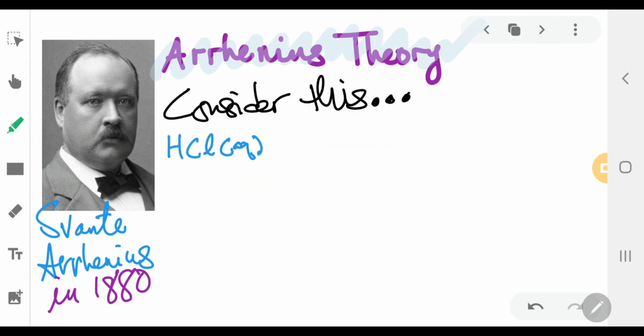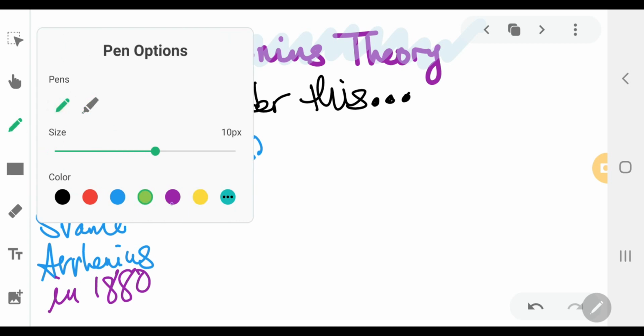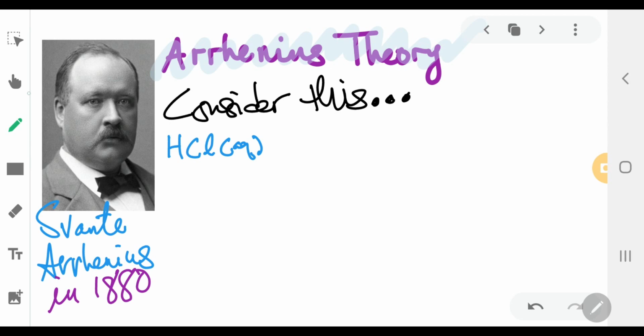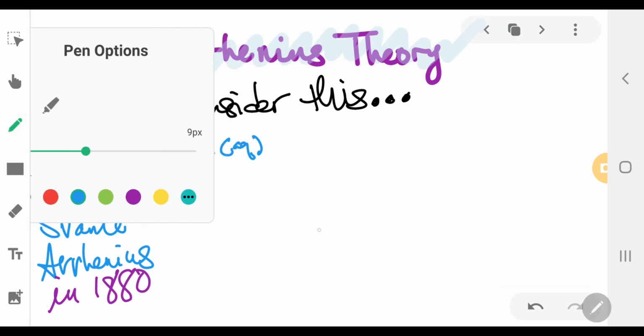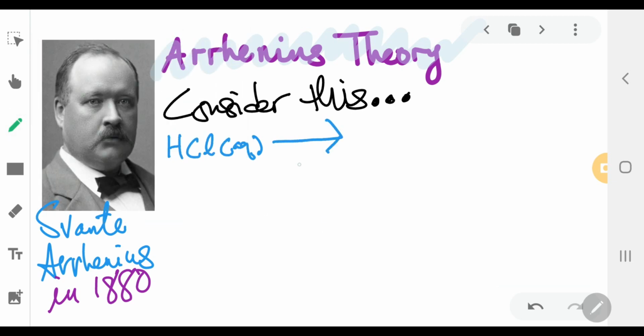So let's consider this acid that we have in front of you. What we have in HCl is H and Cl that has been dissolved in your aqueous solution. Based on Arrhenius, this species is acidic because it will donate or dissociate to produce H plus in the aqueous solution.